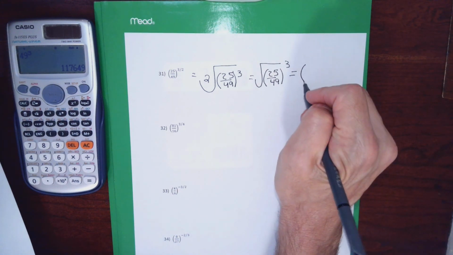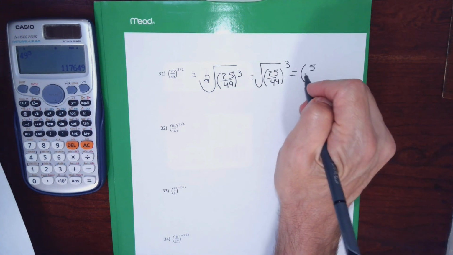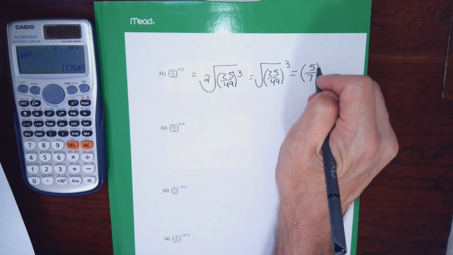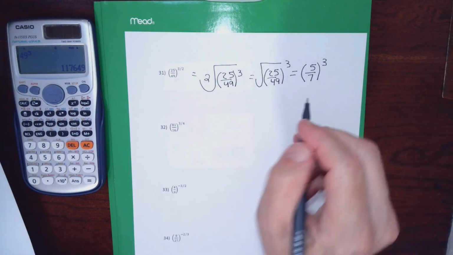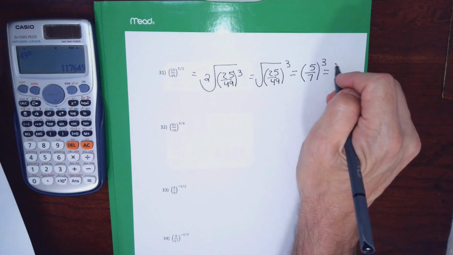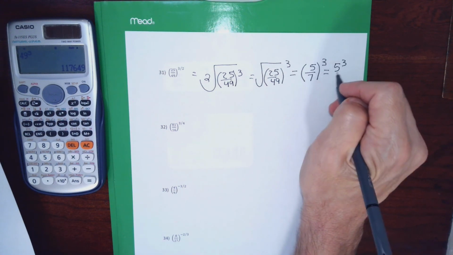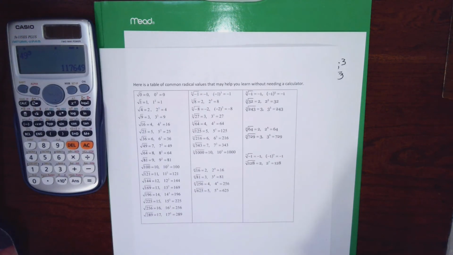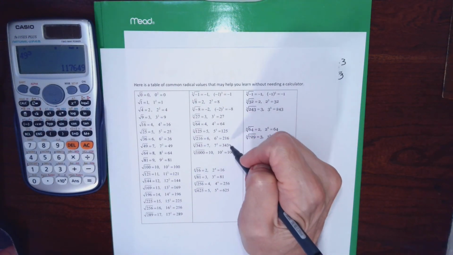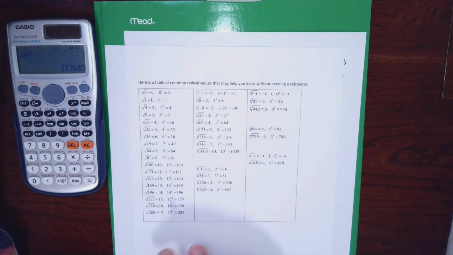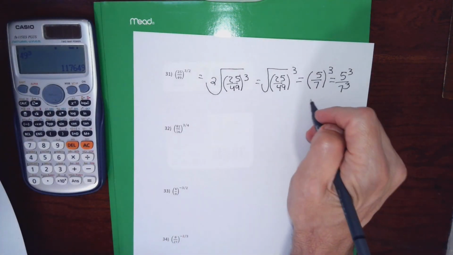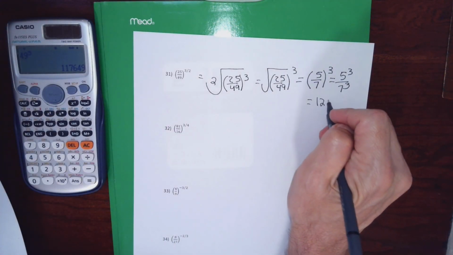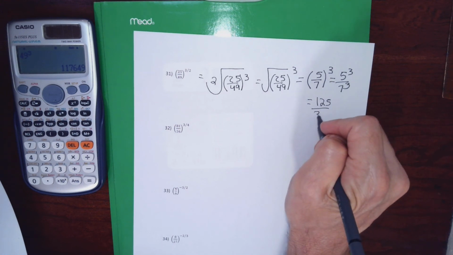The square root of 25 is 5. The square root of 49 is 7. And now I'm going to cube. I'm going to make this 5 cubed over 7 cubed. Don't need my calculator. 5 cubed is 125. 7 cubed is 343. So this is 125 over 343.